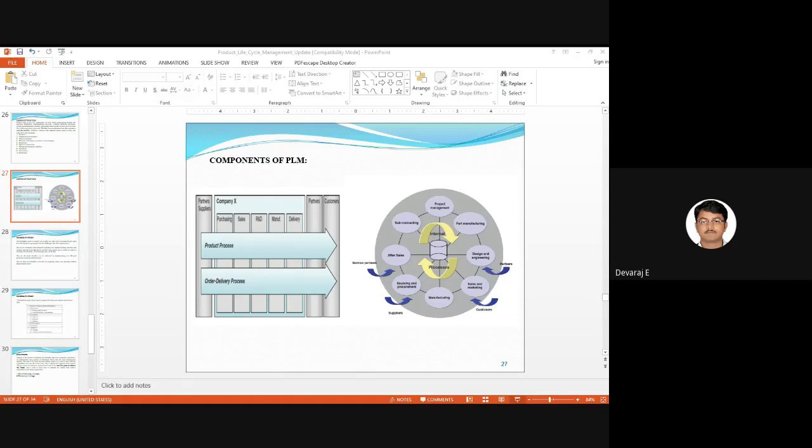Not only this, if you go for finance, to get more profit or more revenue, we can use this feasibility study. In what way can we get more profit or revenue?